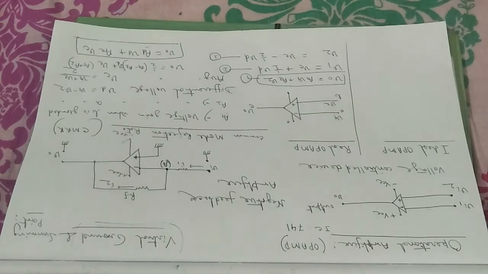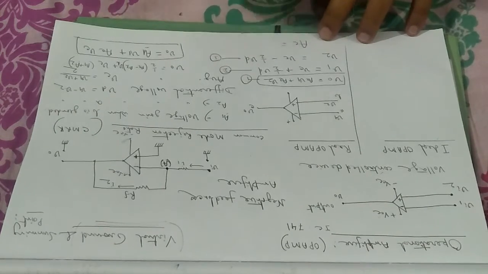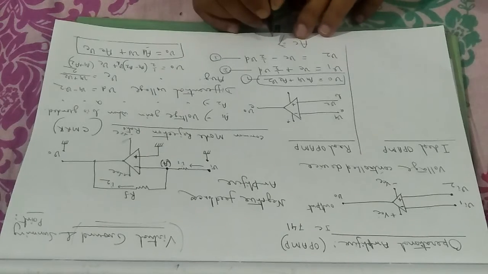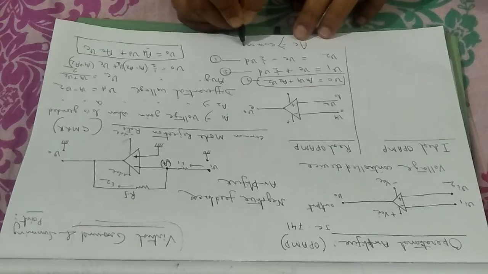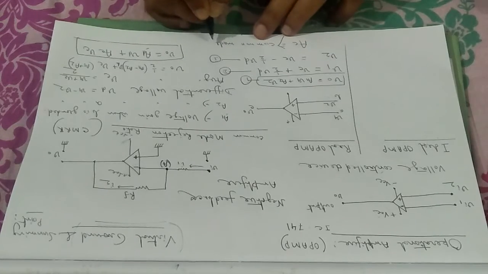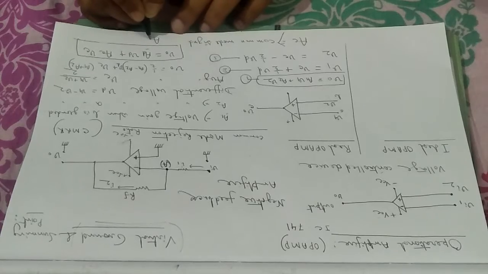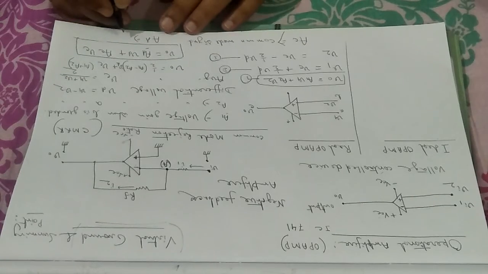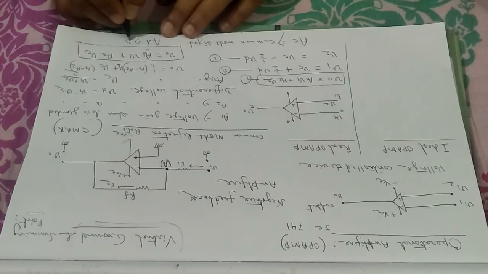Now this AC is called the common mode signal, and this AD is called the differential signal.